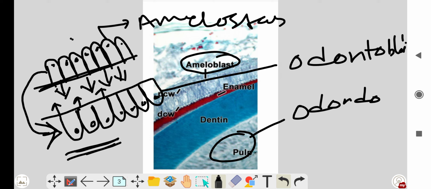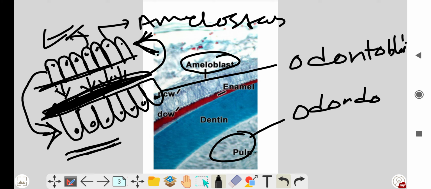First there is the formation of the dentine, and after the formation of the dentine, a signal goes to the ameloblasts, and then they form the enamel. So the dentine always forms first, then the enamel. This red color is the enamel formation.